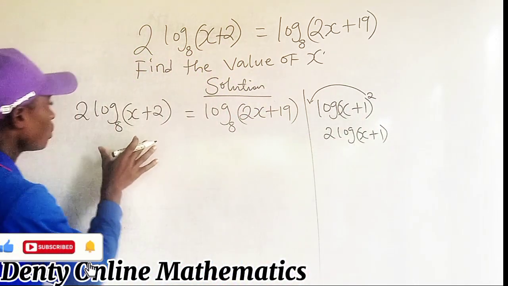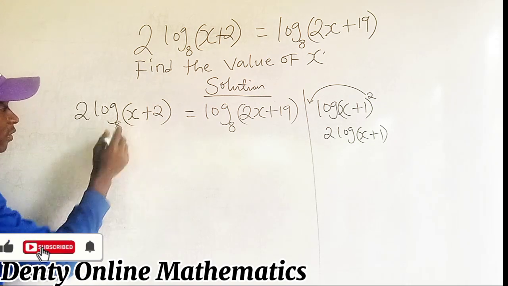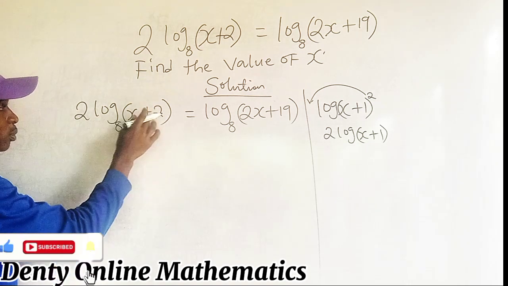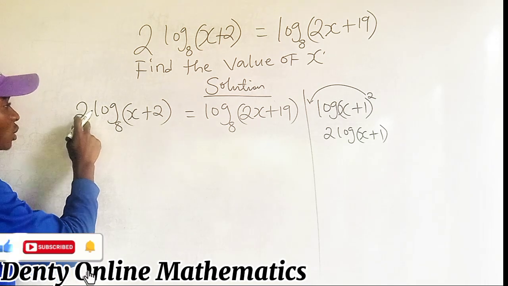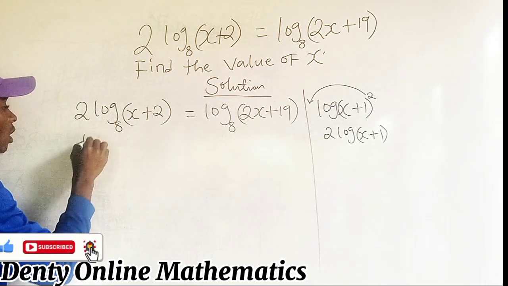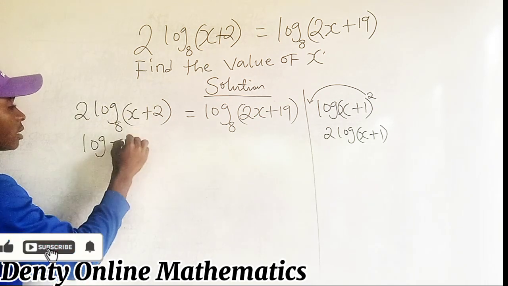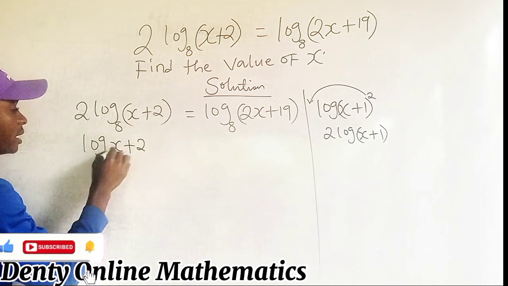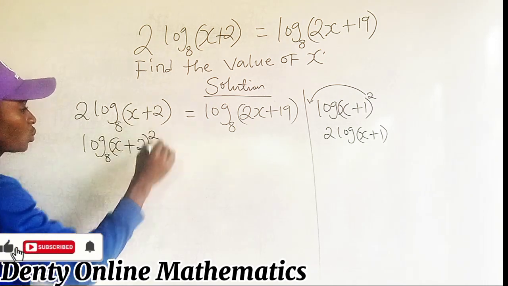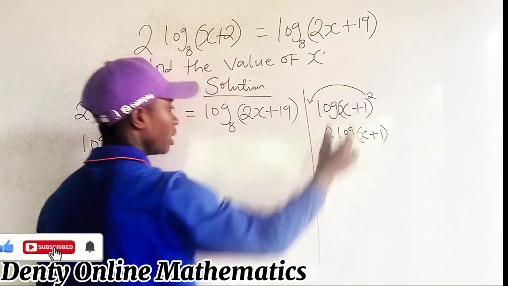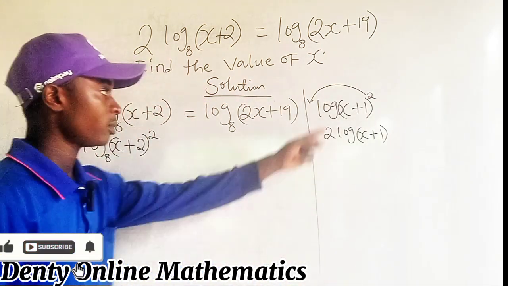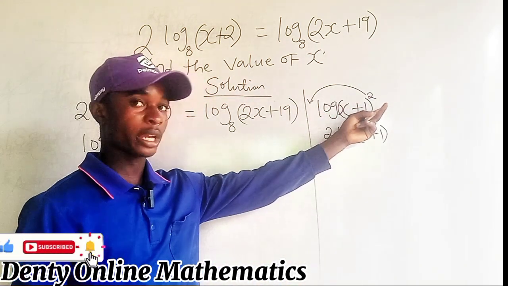So now, just as we have here, we have 2 log (x plus 2) base 8. Now, if we have this, we can also rewrite it as log of (x plus 2) all raised to the power of 2, base 8, by this rule. That means we are coming back to the original example I gave you.